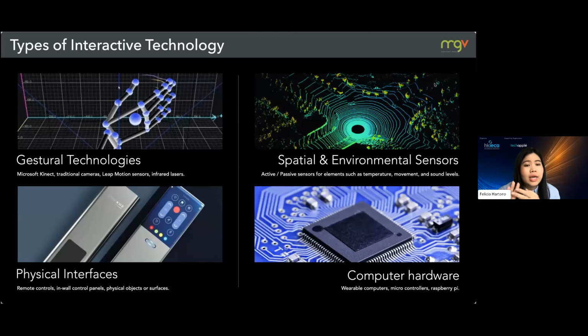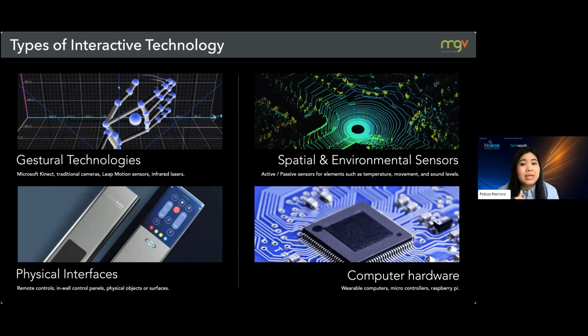And then things like Leap Motion sensors, which can detect your entire hand movement, each specific finger, whether you're pointing with two fingers or three. And then lastly, infrared lasers. So the second type is the spatial and environmental sensors.